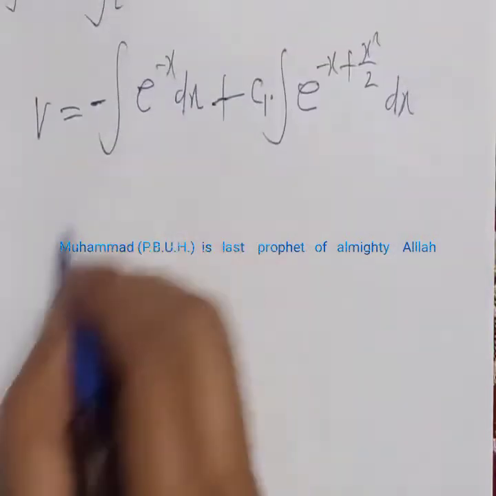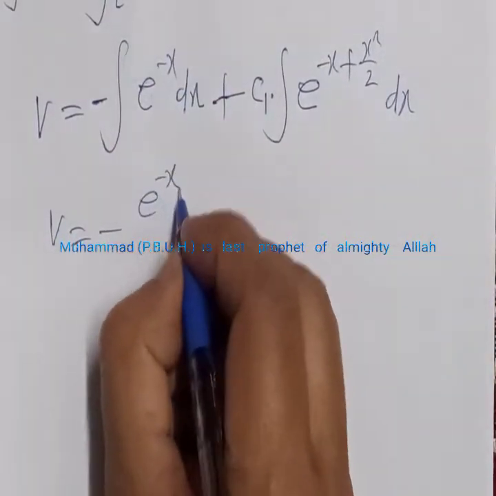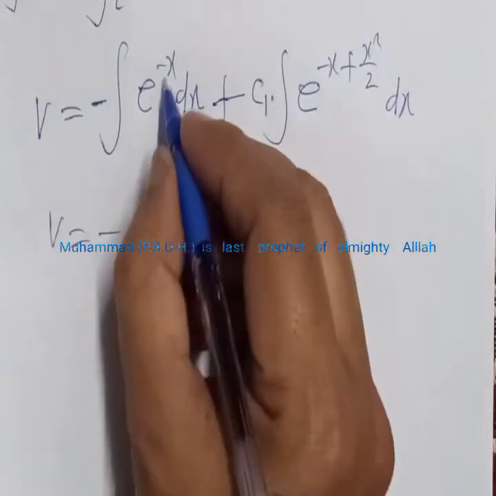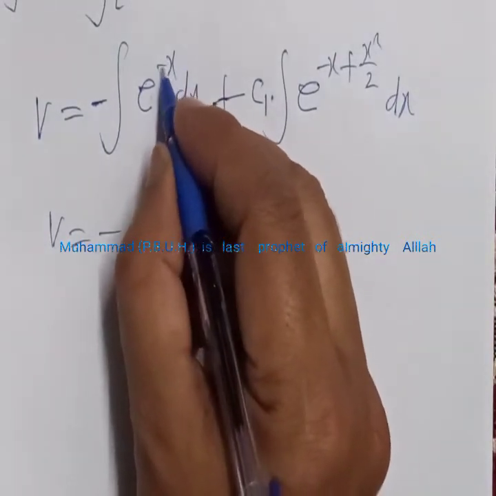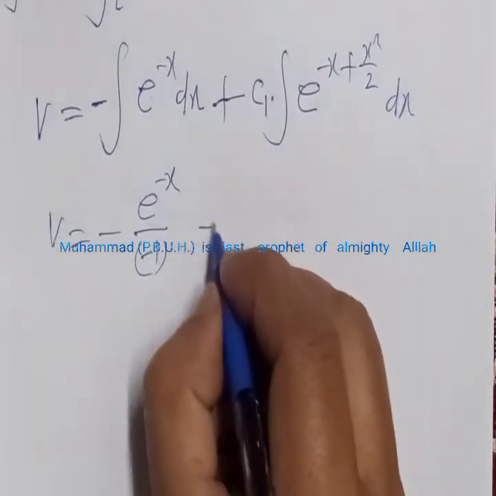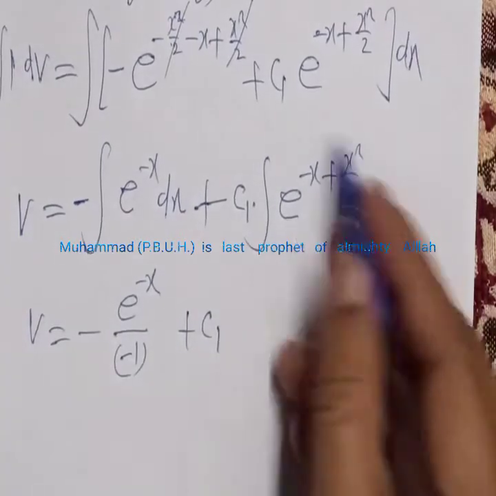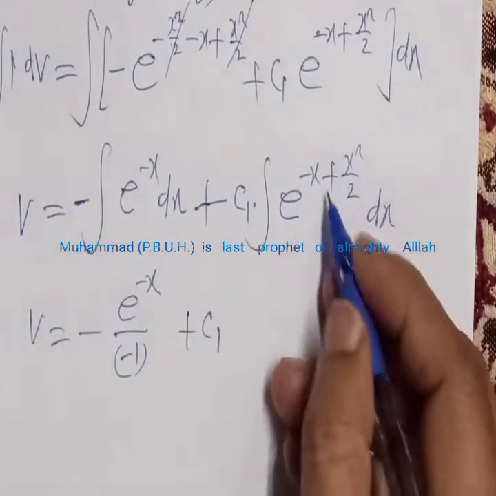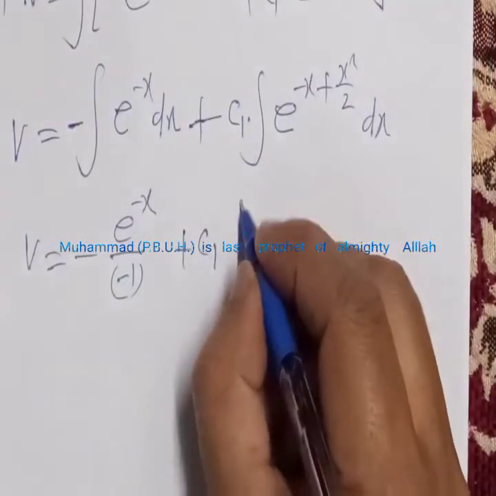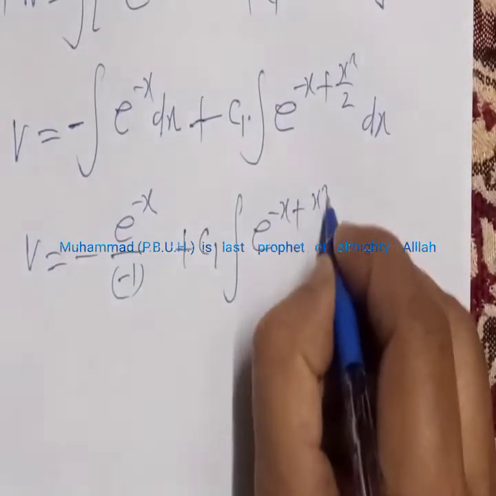We know that the integration of e to the power minus x is equal to e to the power minus x, but we have to divide by the coefficient of x, which is minus 1. So I divide by minus 1 here, plus c1. Here this is impossible to integrate, so we leave it without integration.